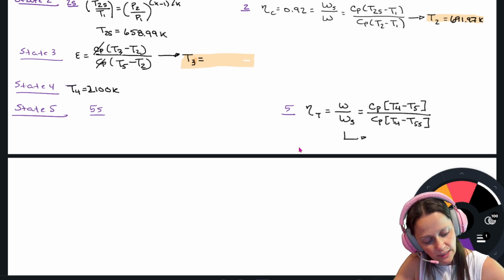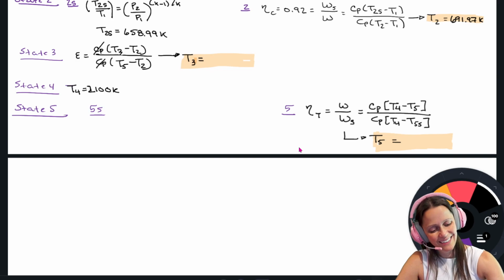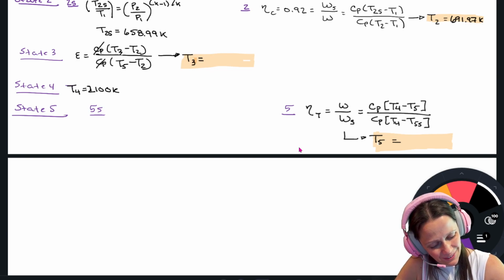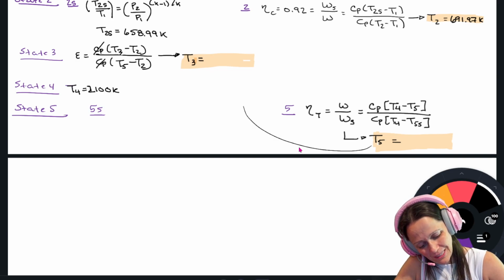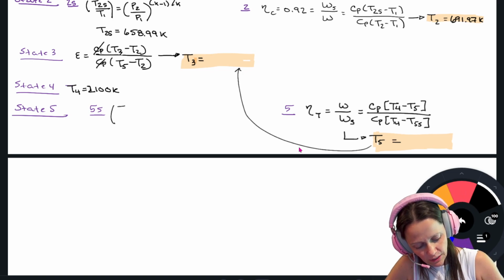I should be able to get T5 when I'm ready. Then I'm going to plug that back in when I'm ready for that one. But I do need T5S first. So T5S over T4.